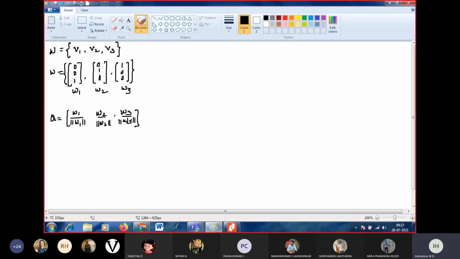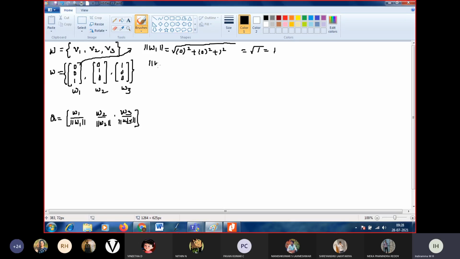So first, since we have W1 here, find out norm of W1. Norm of W1 is square root of 0 square plus 0 square plus 1 square, the sum of the squares of the elements of W1, which is equal to root 1, that is 1.